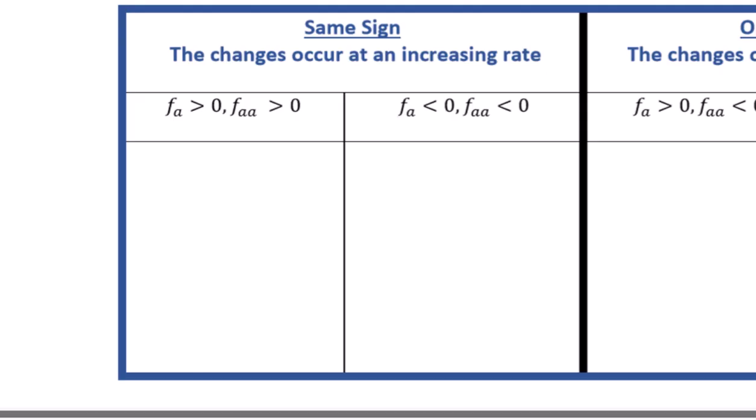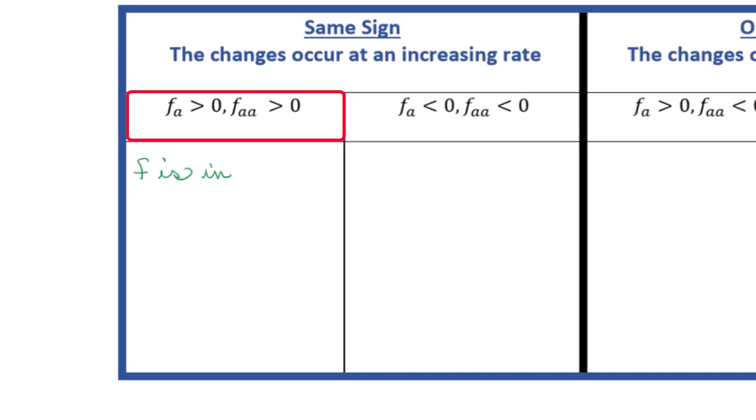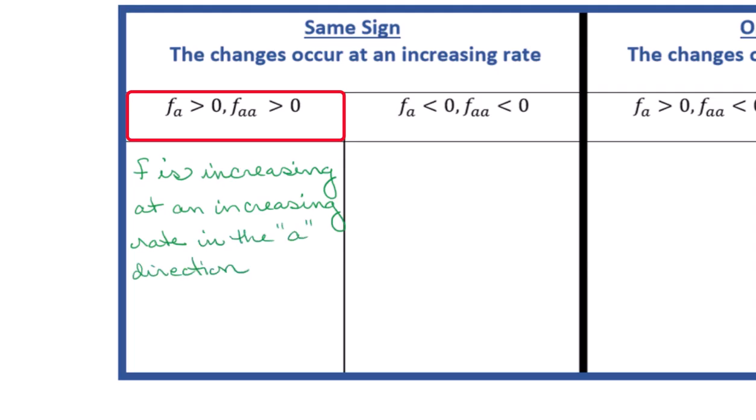So the changes occur at an increasing rate. For example, if our first order partial derivative is positive and our second order partial derivative is also positive, that means f is increasing at an increasing rate in the a direction. In other words, all of the other variables still remain constant.